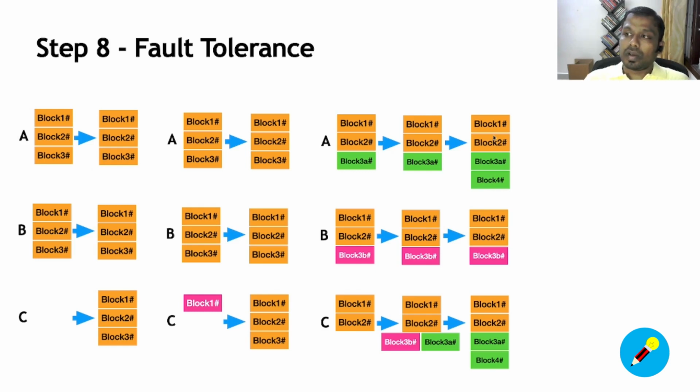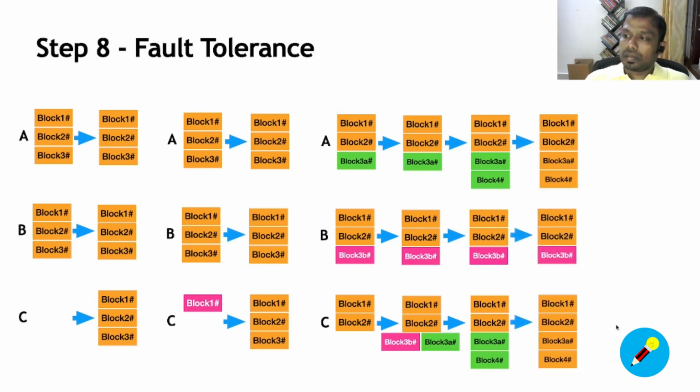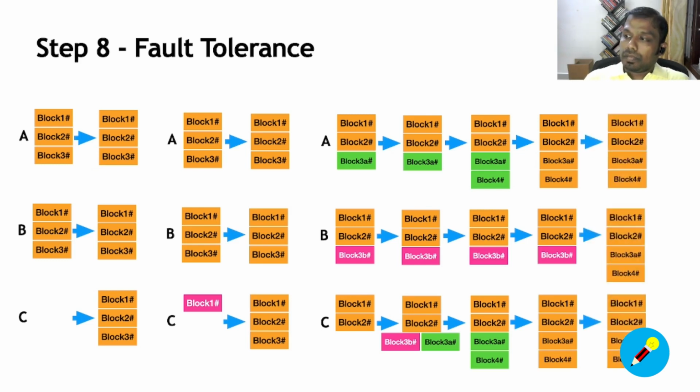It has clearly got one long chain now, so it takes this as the truth and maintains this. Now that this has become the truth, B can also sync up with this long chain, and eventually it will have to drop this block and keep this as the longest chain.